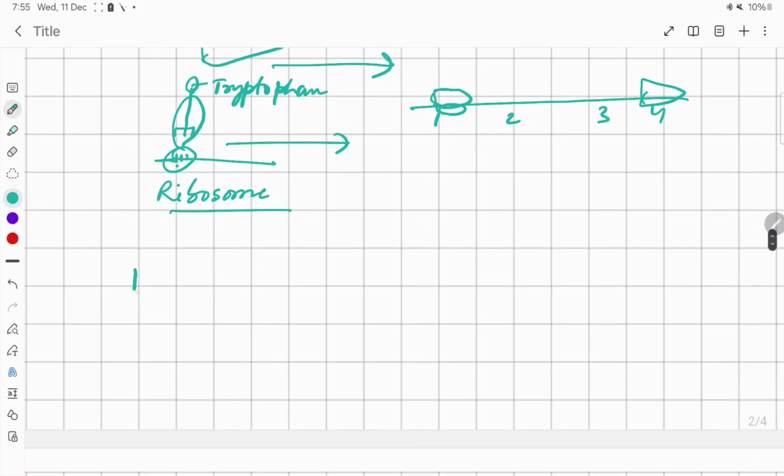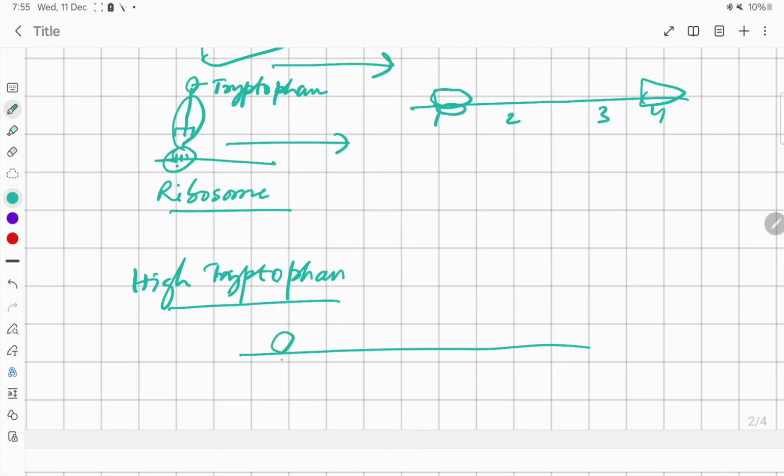But when it is high tryptophan, the ribosome will follow the RNA polymerase, and it will not wait there. So the ribosome is at 1, RNA polymerase is at 2. So 3 and 4 are free. There will be binding of 3 and 4, which is strong GC bonds and acts as a termination loop. So the RNA polymerase cannot move and it will stop the transcription and there will be no synthesis.